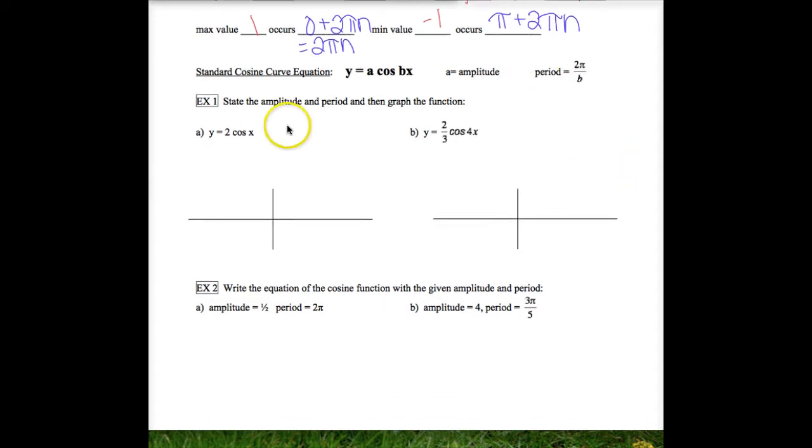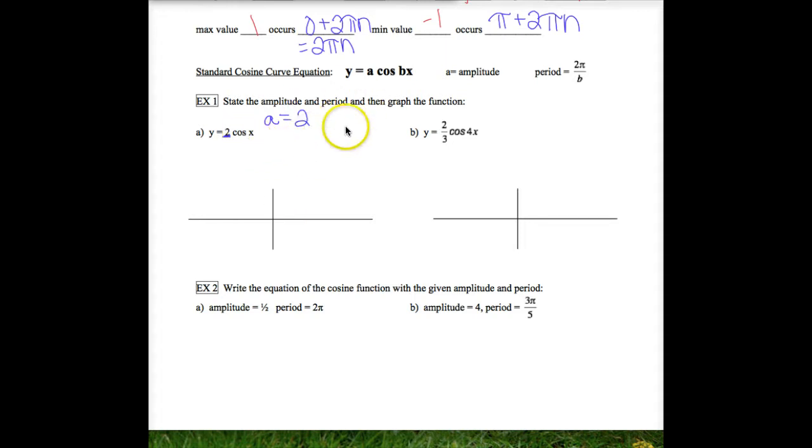So if we're looking at example 1, state the amplitude and the period and then graph the function. So if we look at y equals 2 cosine x, the amplitude is the A value, which is the number in front, which is 2. So amplitude is 2.